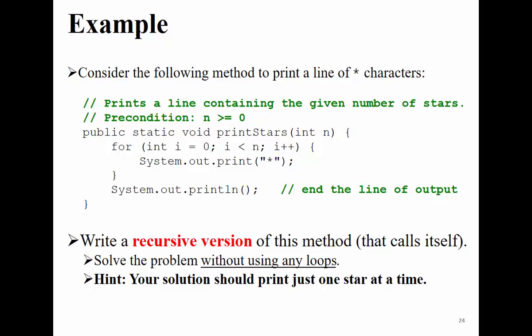No loops. Yes, it's somehow implementing the problem using indirect recursion, because the main method is calling another method, which is the helper method, to do the problem. Okay? And then eventually the result will come back to the original method.